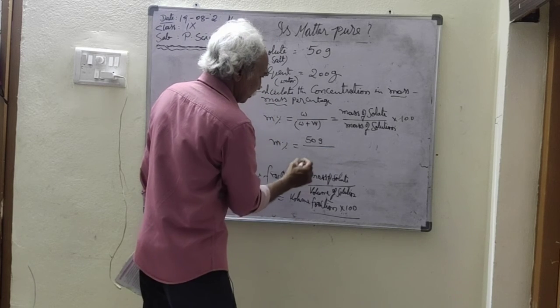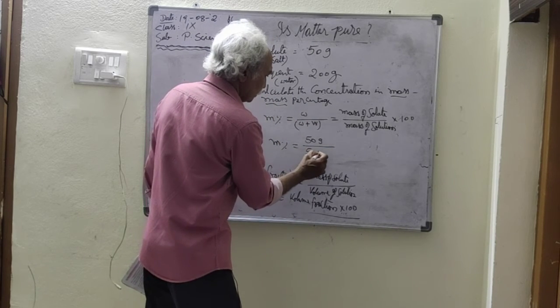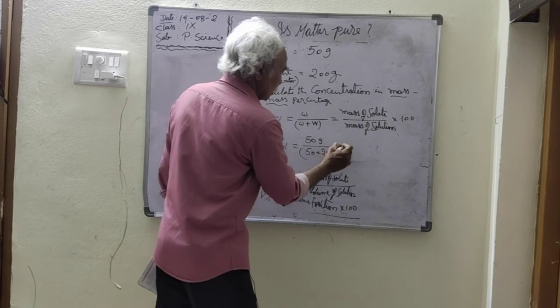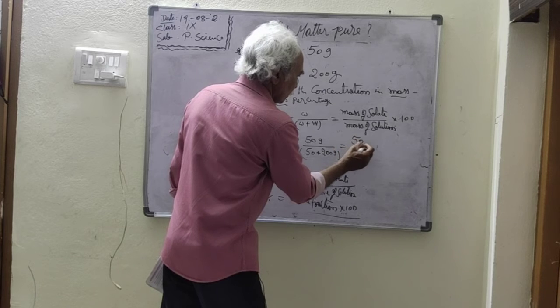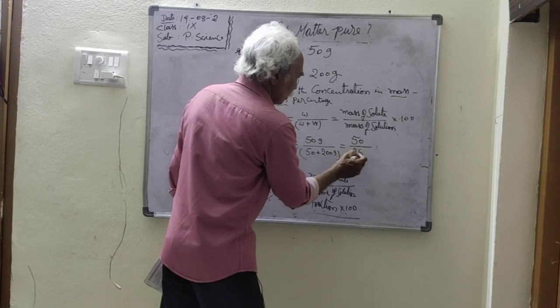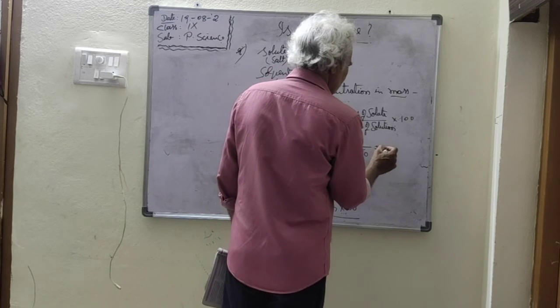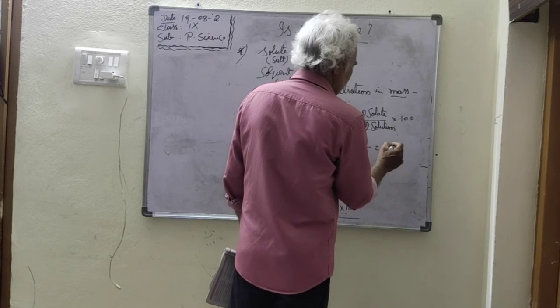Mass of solute is 50 gram by 50 gram plus 200 gram. So it is 50 by 250, which is 0.2.